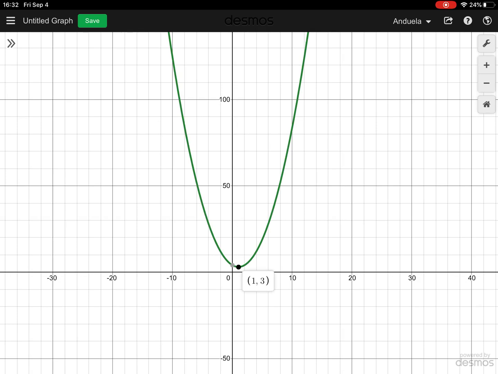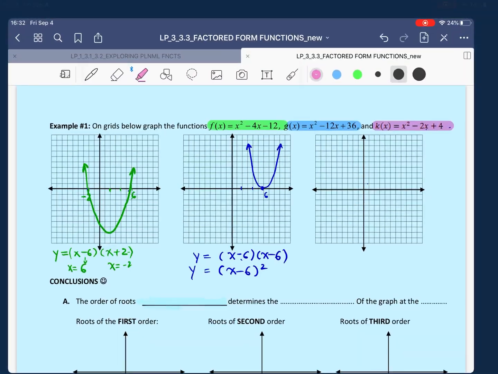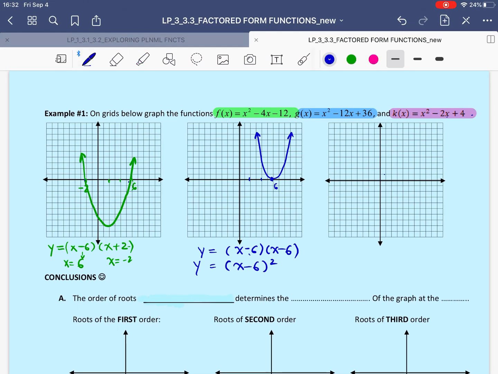And as you see in here, the vertex of the parabola is above the x-axis, which tells us that the graph does not have any x-intercepts. So we're going to say that there are no possible factors, or no roots, no x-intercepts.